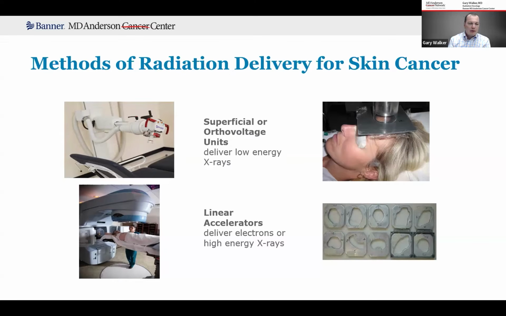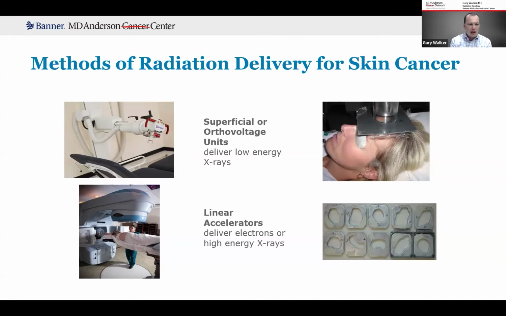As opposed to previous cobalt-based units that actually had a radioactive source in the machine, these machines have no radiation at baseline. It requires you to turn the machine on and generate the electricity, which generates electrons, which generates the radiation. So it's less exposure to the patient, and less exposure to staff.